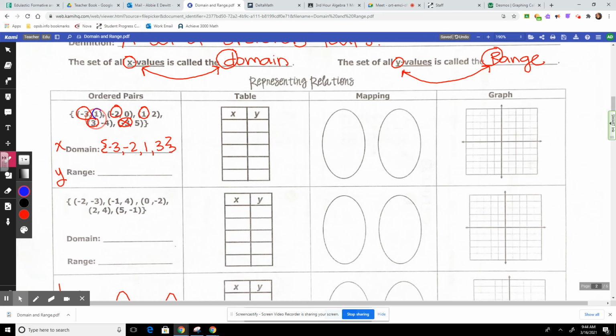My y values are 1, 0, 2, -4, +5. So if I want to write that set of values, I would write -4, 0, 1, 2, and 5.